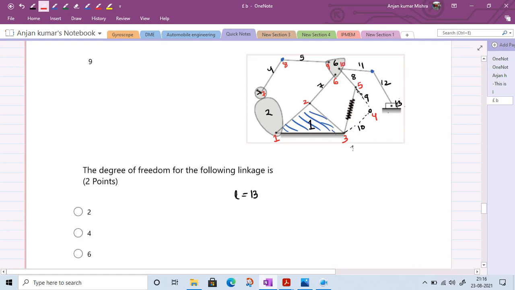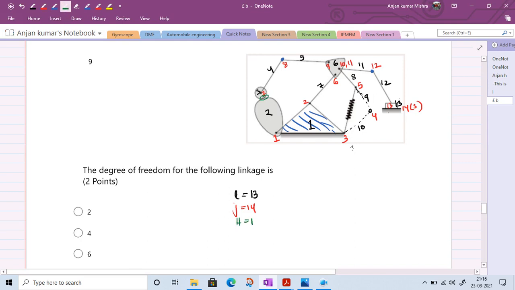So here will be a ternary pair, consisting of 2 binary pairs, that is 10 and 11. This is 12, this is 13, and the sliding pair, that is 14. So J is equal to 14. Is there any higher pair? Yes, we have one higher pair here. So H is equal to 1 here.